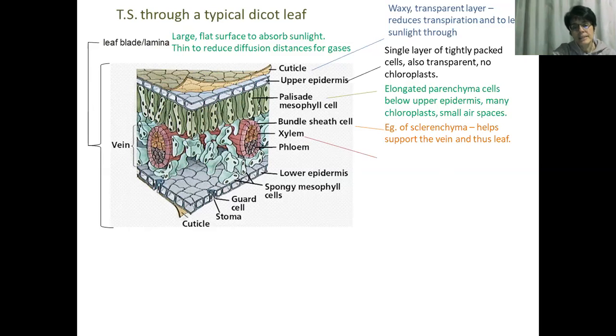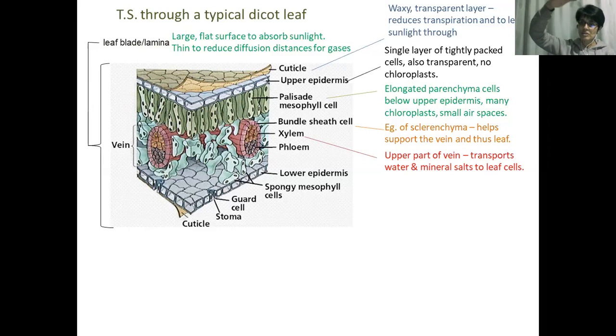So xylem cells, the tracheids and the vessels, in the upper part of the vein, transport water and mineral salts from the roots up the stem and into the leaves to all the cells, so that the cells can undergo photosynthesis. Because remember, they need CO2 from the air or from their own respiration, and water from the soil brought up through the plant by the xylem.